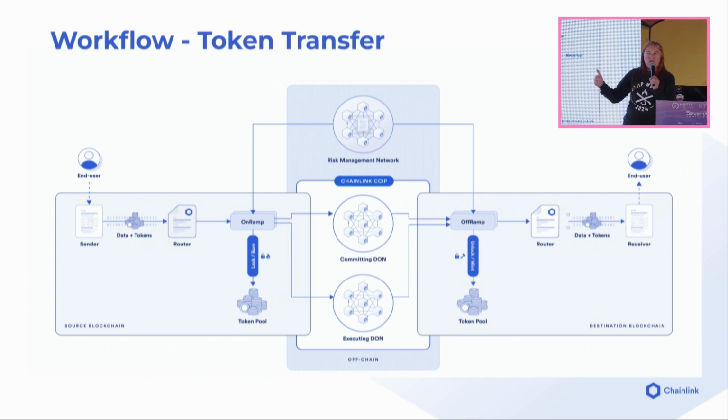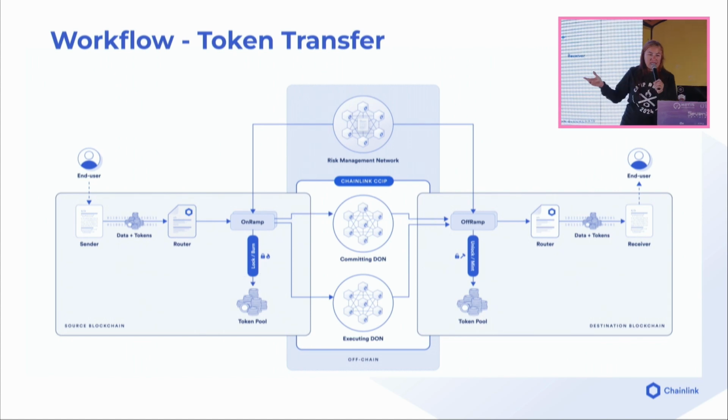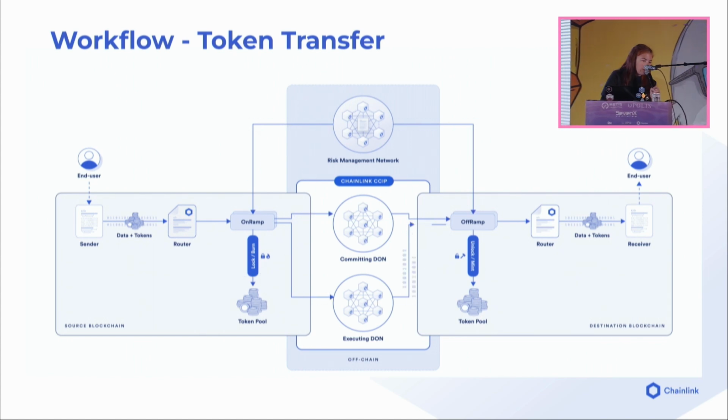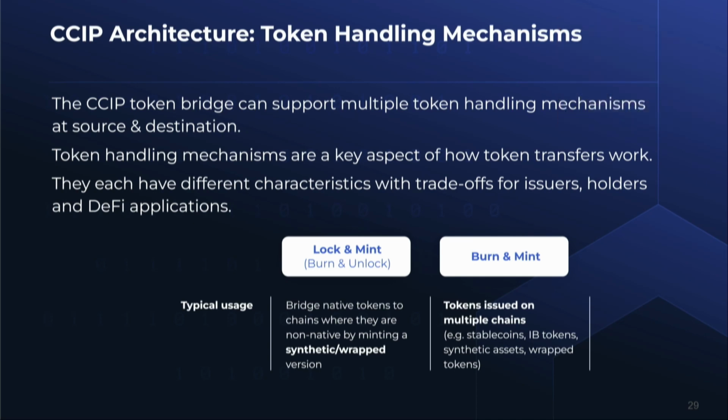But if it's only token, you can go directly to your wallet, like I did now. And like I said before, this is the token handling mechanism: lock and mint, or burning and locking on the other side, or burn and mint.